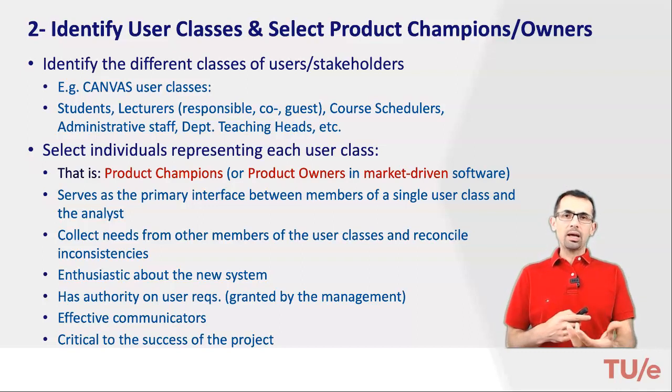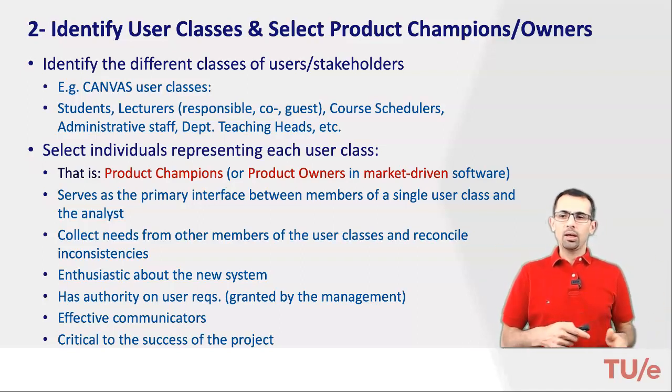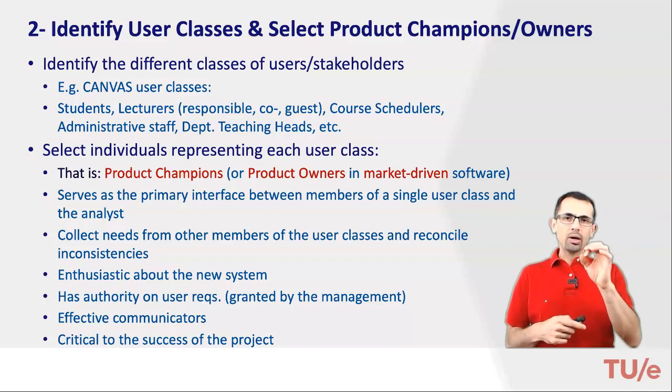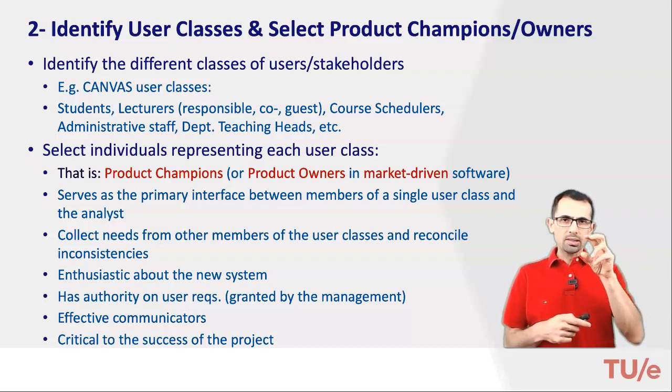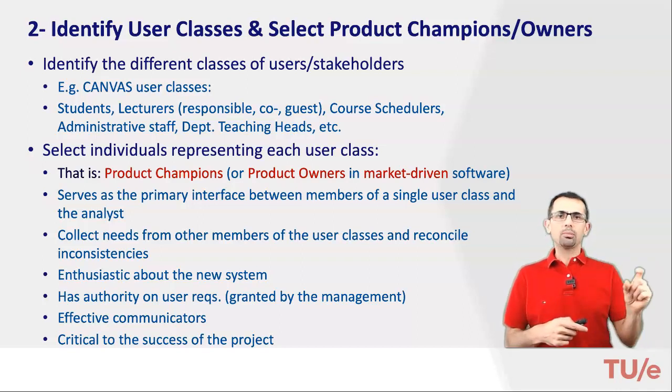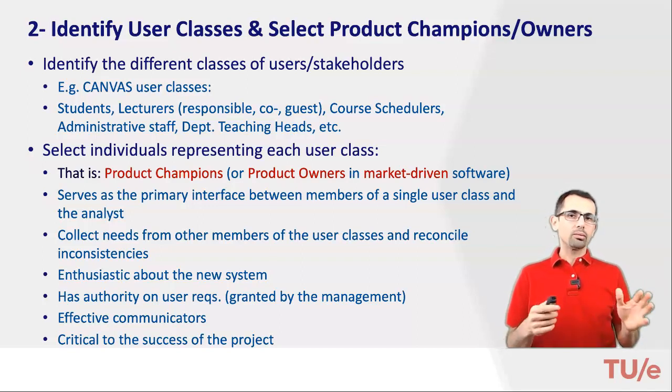Again, if there's a lack of communication, a lack of involvement of stakeholders, you're doomed. That's a recipe for failure. So in that sense, finding the right stakeholders, first of all, and selecting the right product champion or product owner is very, very critical.